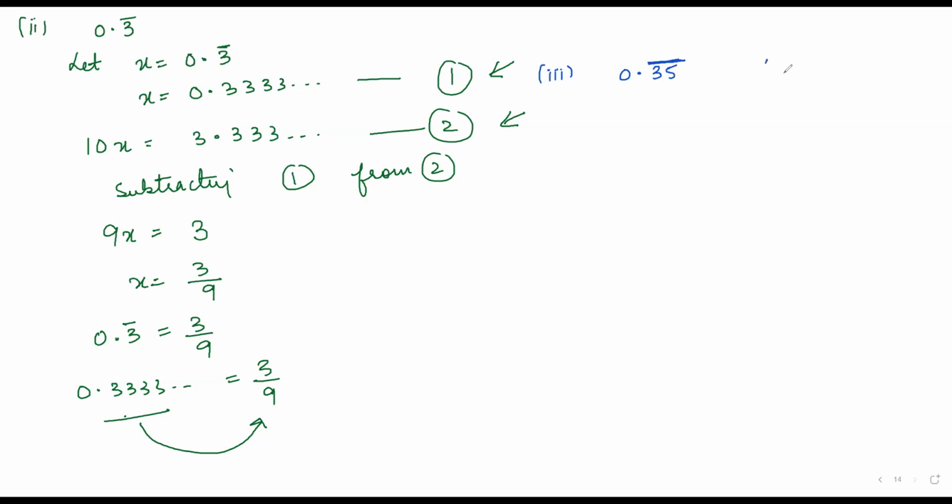This is again pure because after the decimal, everything is recurring. So it's not mixed, it's pure. Same thing you do. Let x is equal to 0.35 bar. I assume this thing to be x. So my x is actually 0.353535 like that.